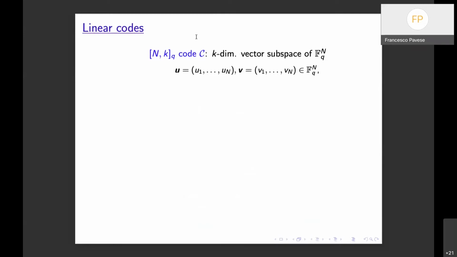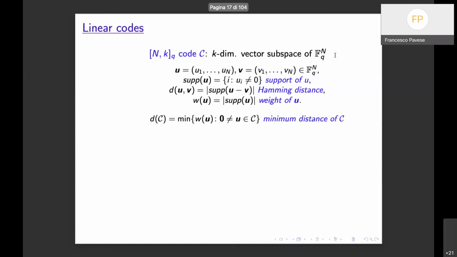So let us briefly recall the definition of a linear code. The notation for a linear code is [n,k]_q, which stands for a k-dimensional vector subspace of F_q^n. Here, F_q^n is equipped with the Hamming distance, and a very important parameter for a linear code is the minimum distance, which will be denoted by d.